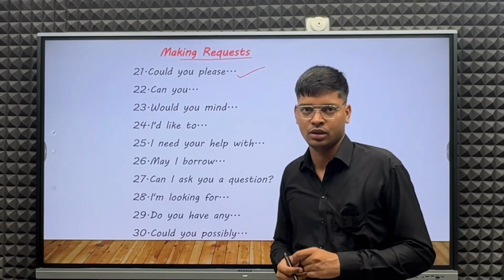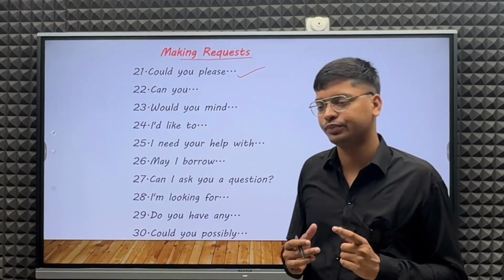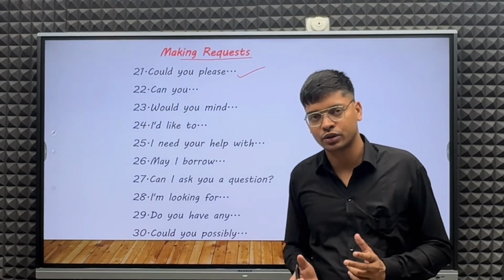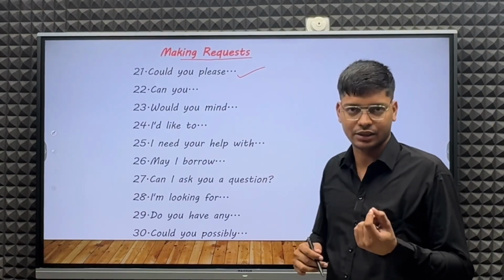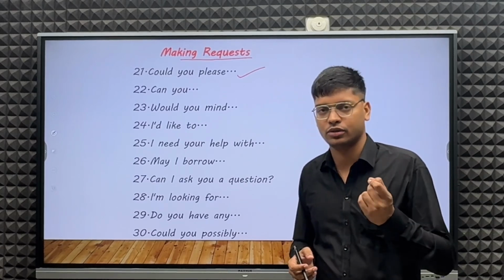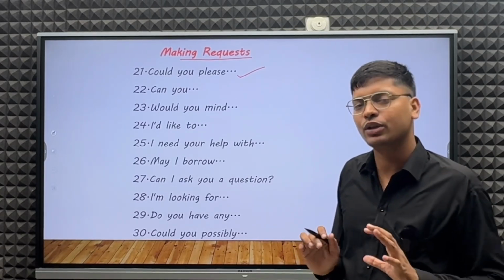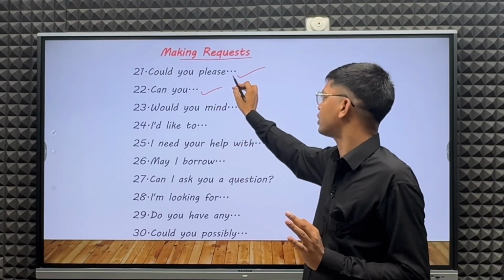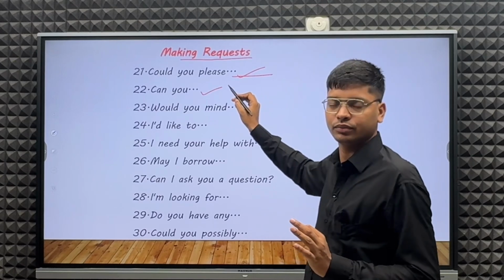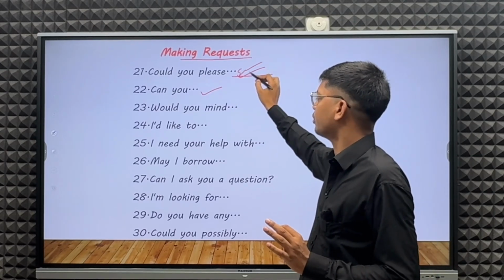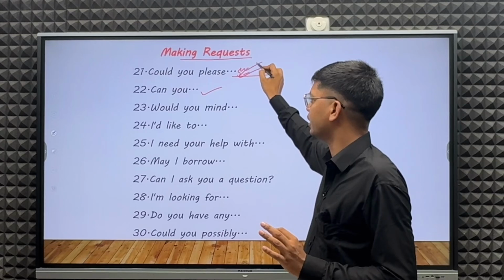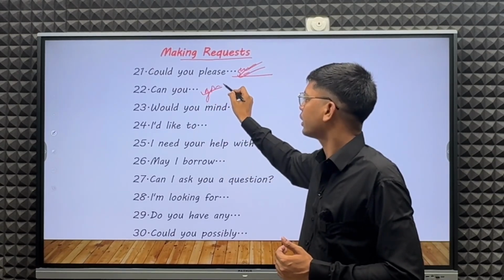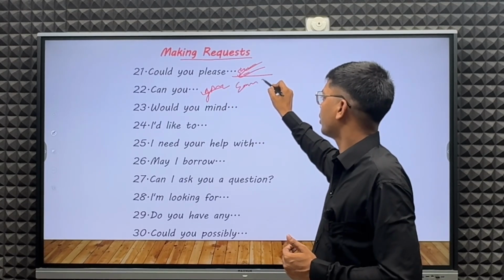Could you please. For any type of help, favor or offer, you can use this sentence, could you please. Like, could you please give me some butter. Next, can you give me some water?